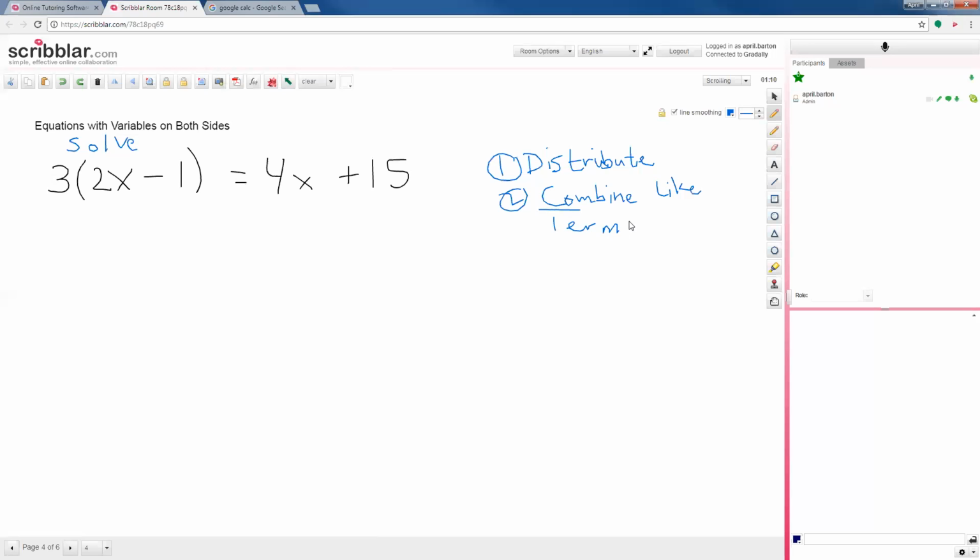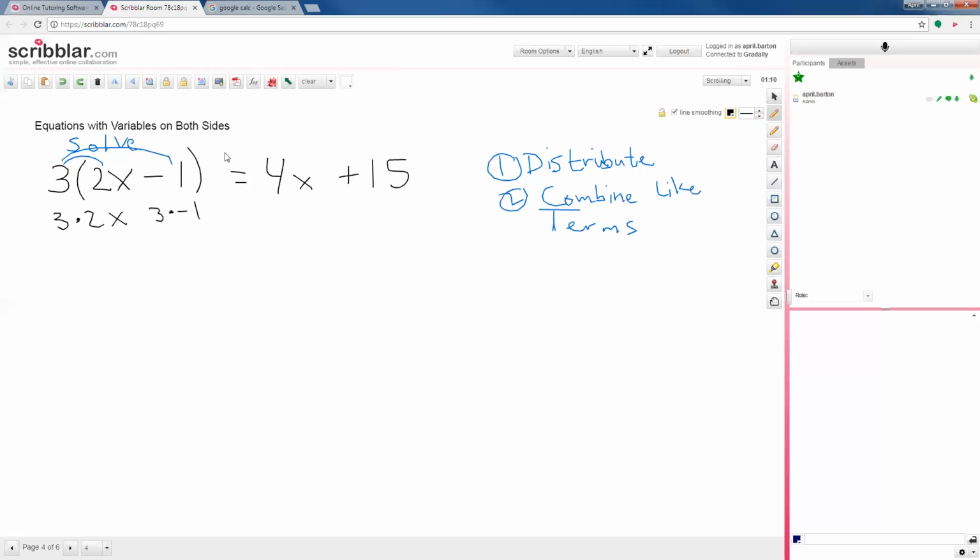So on the particular problem we see, we could distribute. We have the parentheses around a variable and a number, and there's a number in front. We can multiply that number in front in. So that 3 will get used 2 times. We do 3 times the 2x and 3 times the negative 1.